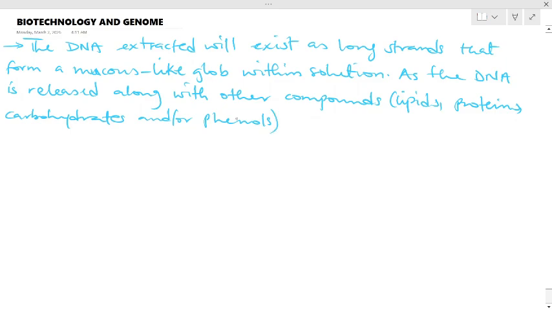When they are released in solution, the DNA needs to be separated from the others.